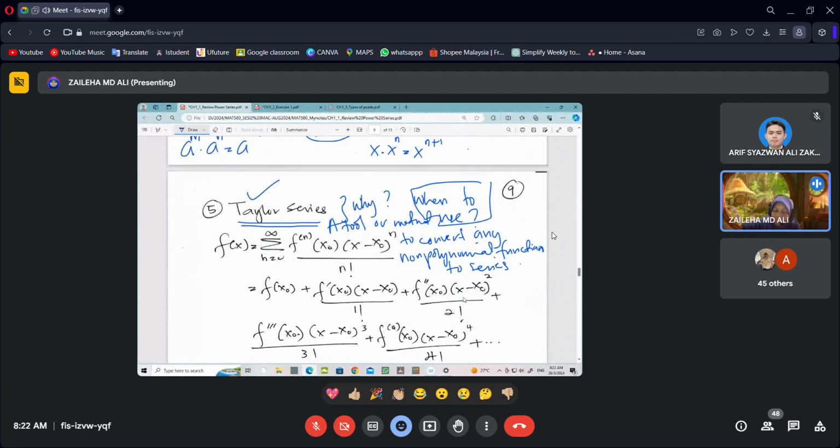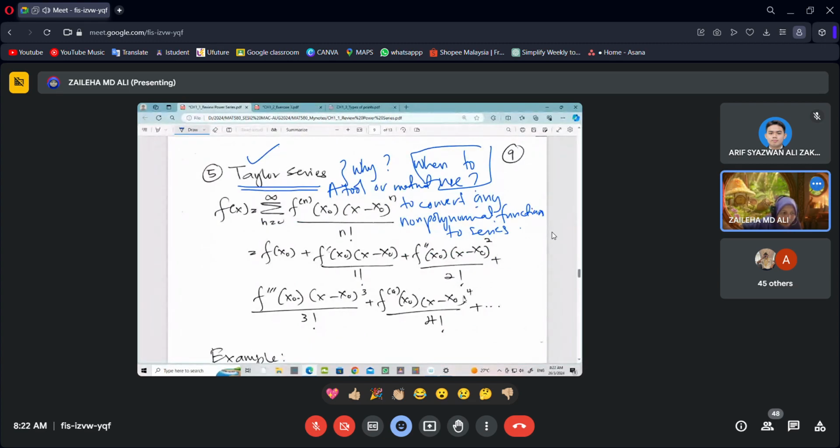Right. So this will be the formula. f(x) equals the series of the nth derivative at x naught, times (x minus x naught) to the power of n, divided by n factorial. Remember, x naught is just the center of the series, n is the power, and n factorial. What is n factorial, by the way? When I have 5 factorial, what does it mean? What does 4 factorial mean? This is equal to what?